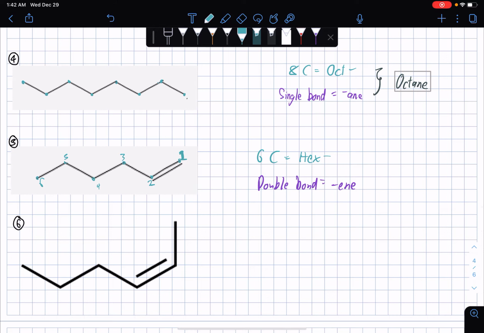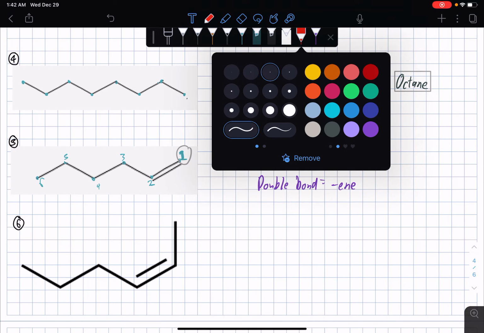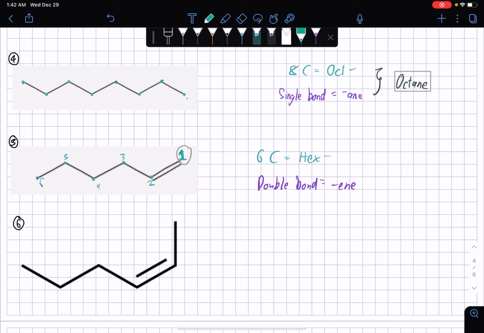For number 1, we have the double bond here. We have to take note of this number 1. Let's use the color green to mark this. So if we combine these 3 ingredients, in cooking terms, we have hex-1-ene.